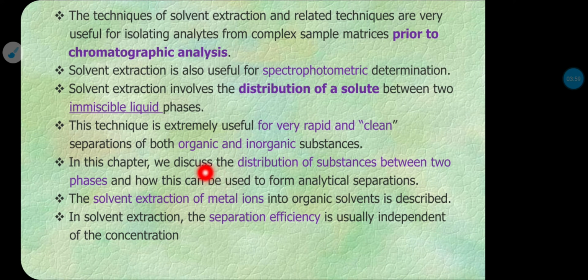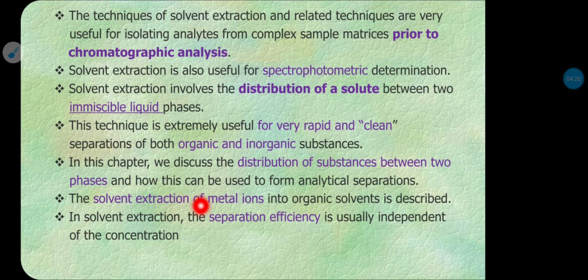In this chapter we discuss the distribution of a substance between two solvents or phases and how this can be used to separate the analyte in analytical separation.